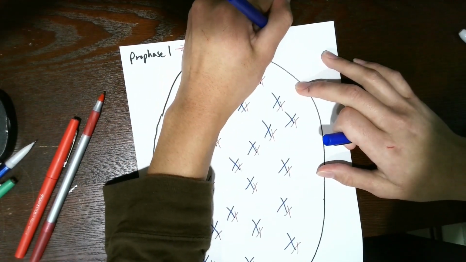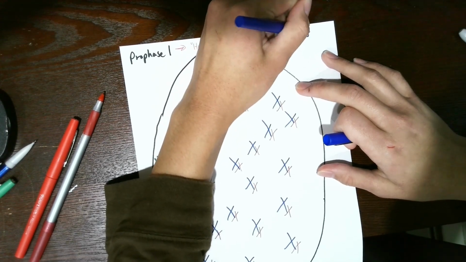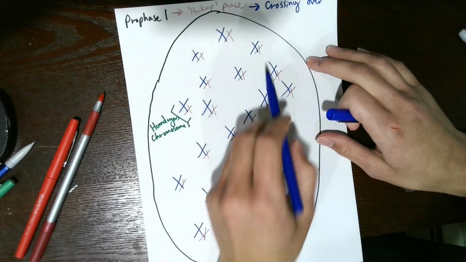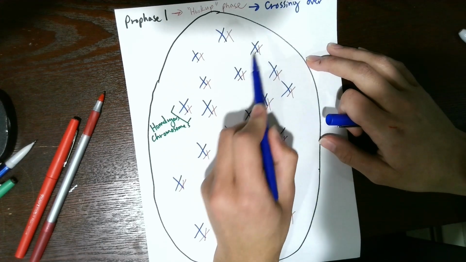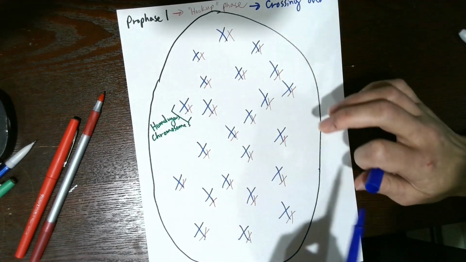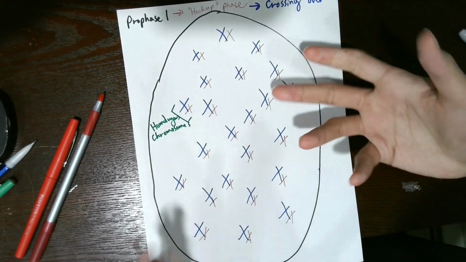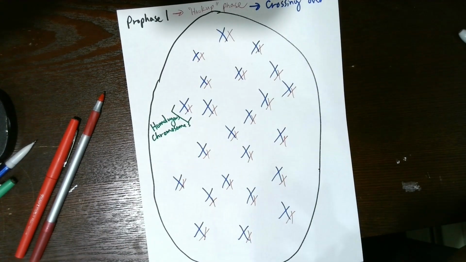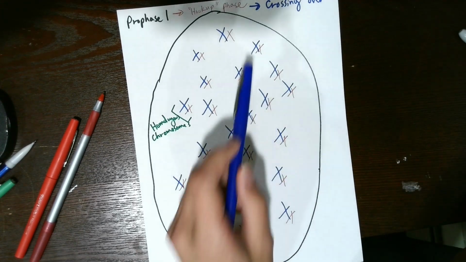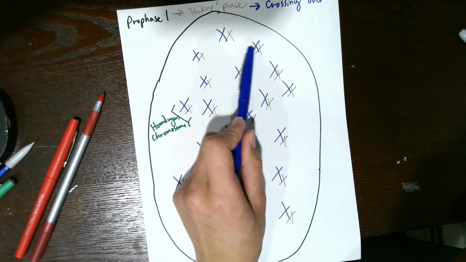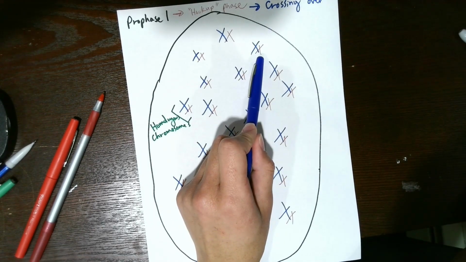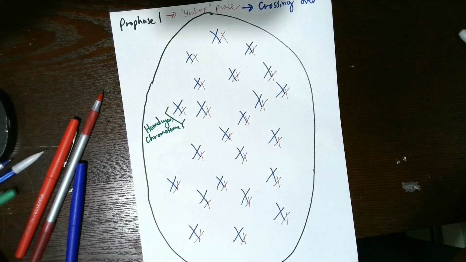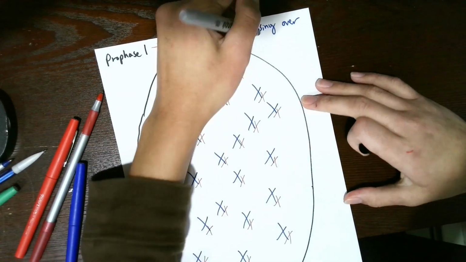It's crossing over. They're holding hands, because you see how the red chromosomes are holding hands with the blue chromosomes. They're holding hands and exchanging some information, swapping some of their genetic code. When they exchange information, this leads to something called recombination.